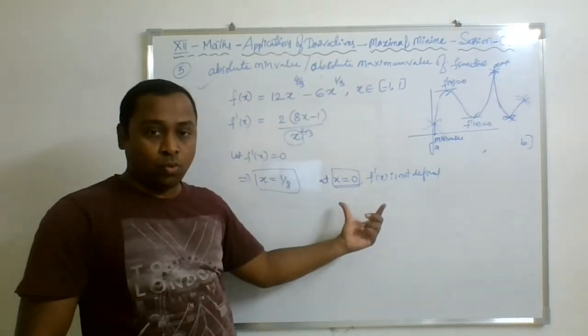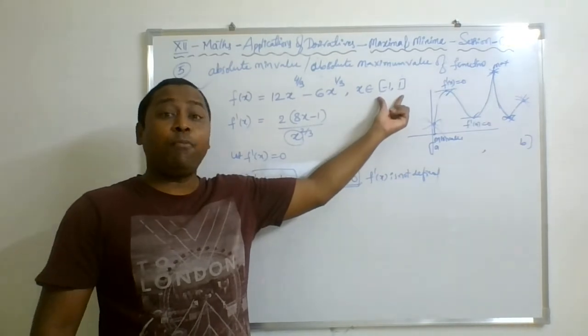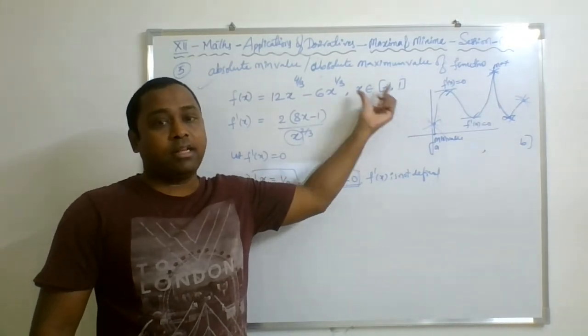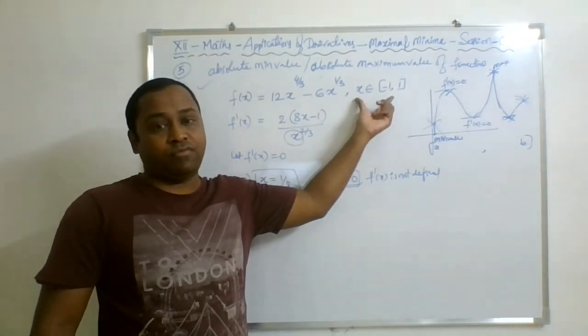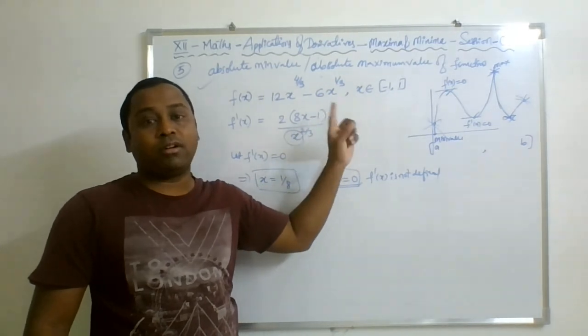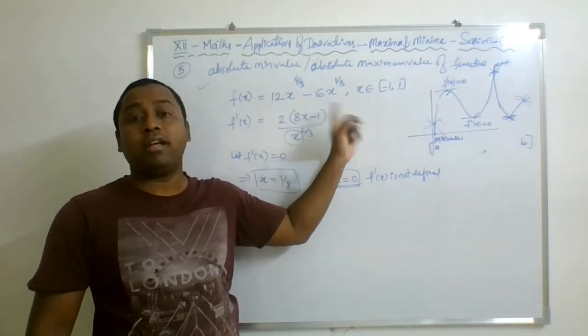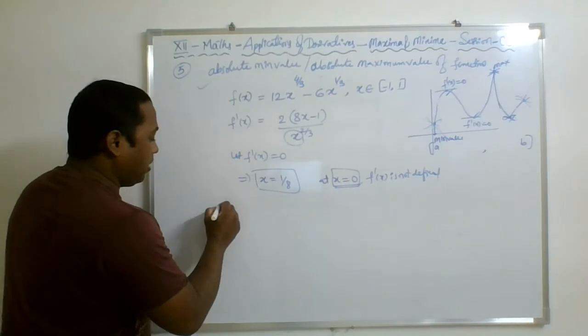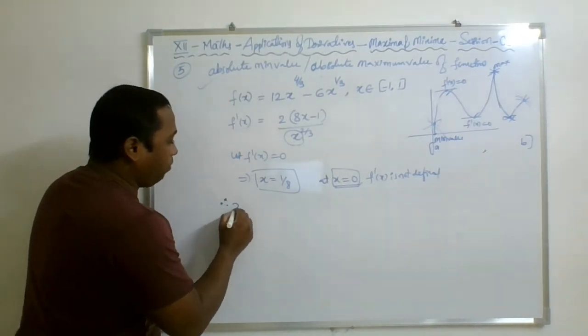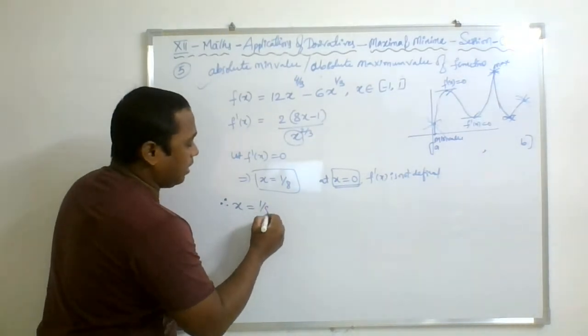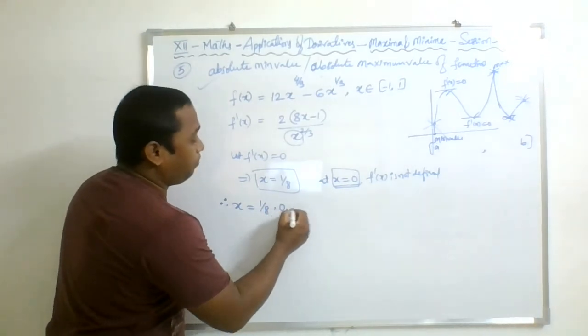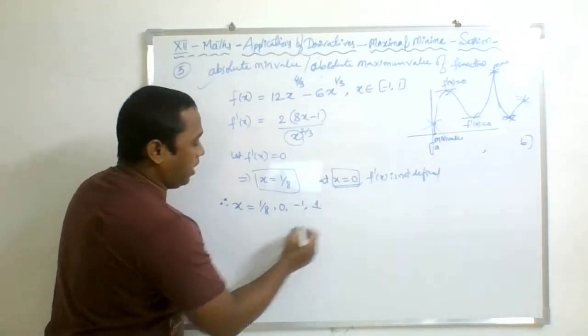Along with these two, you need to take the endpoints of the graph. We know that at every endpoint of the graph, the derivative does not exist. Hence, you got a total of 4 points: 1 by 8, 0, minus 1 and 1.